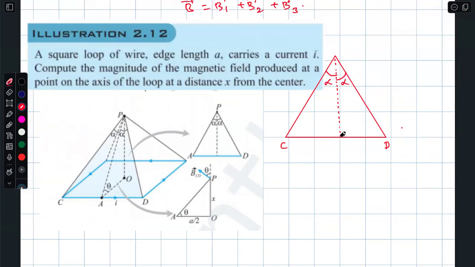The current is going from C to D. And by the way, I am assuming this midpoint as A, and this point is P. Till this point, have you understood?